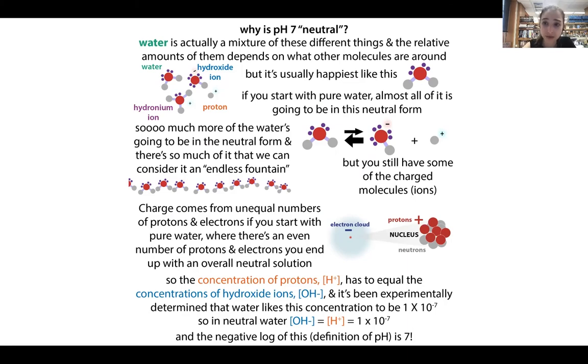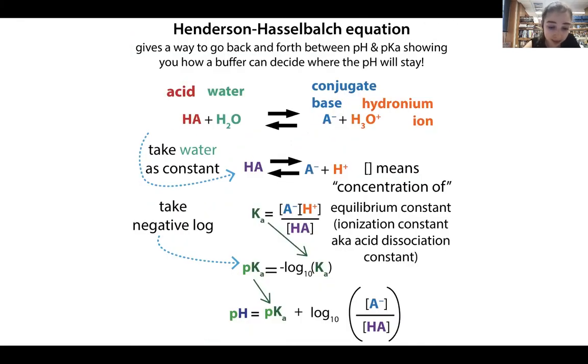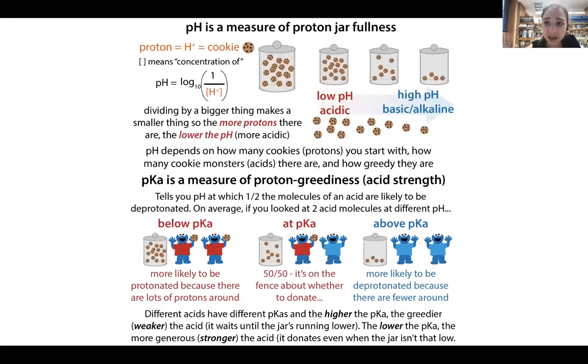And remember that we can define this with the pKa. So the pKa is the strength of the acid. And so we can then go back and talk about the pKa, which is where it's half likely to be protonated, or half of it is protonated.